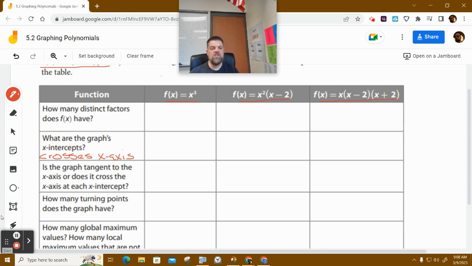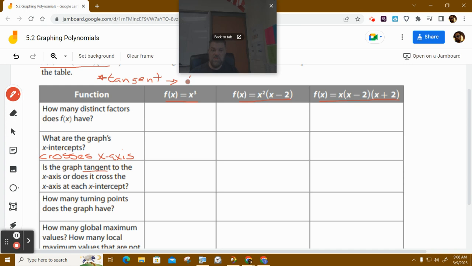Is the graph tangent to x, or does it cross x at each intercept? Tangent is a fancy word that means touch. So somewhere I've got to write the word touch. Maybe towards the top here, just make a little note: tangent. If you took geometry and you used the tangent function, you're like, oh, I know what tangent is. Well, kind of.